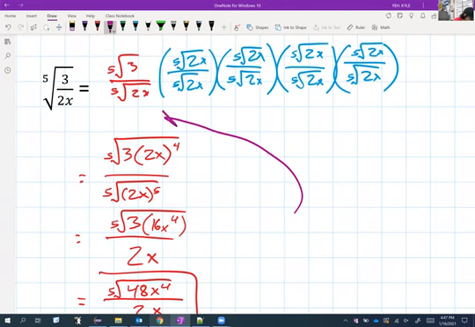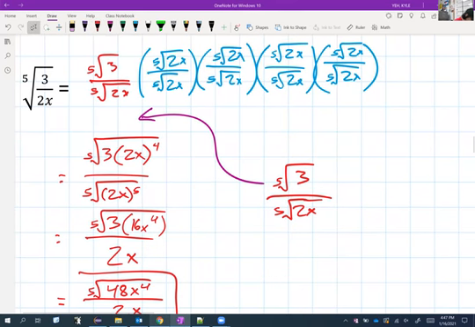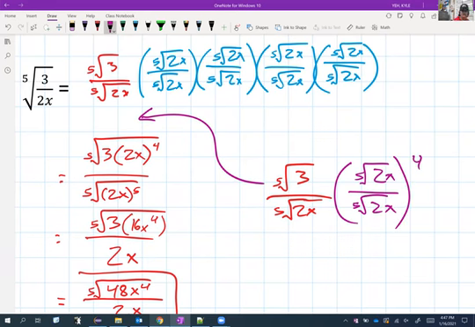I'm going to show you another way we could have written it, and a way that I will recommend. What if we just wrote it as 5th root of 3 over 5th root of 2x, that's our original, times 5th root of 2x over 5th root of 2x to the 4th power.